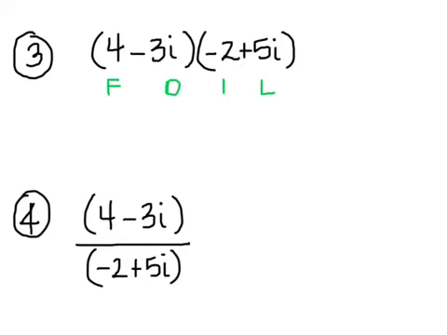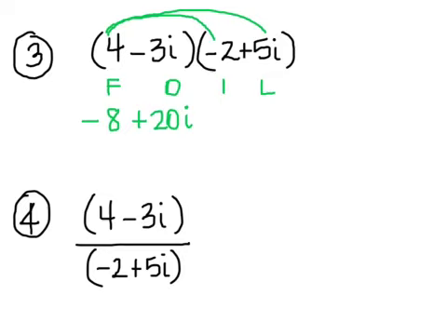First times first would be negative 8. Then we do the outside ones times each other, the farther outer edges, and that's a positive 4 times a positive 5i, so that is a positive 20i. So we'll just put a plus in between those two expressions.